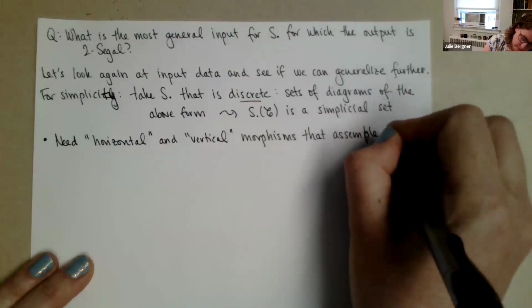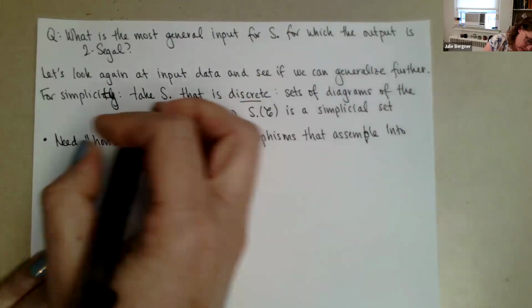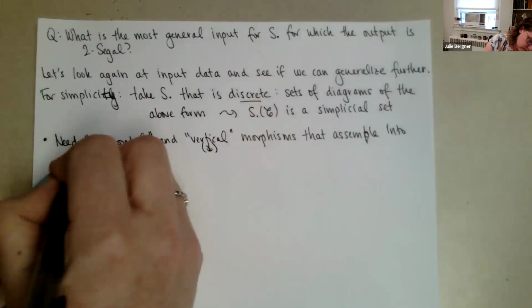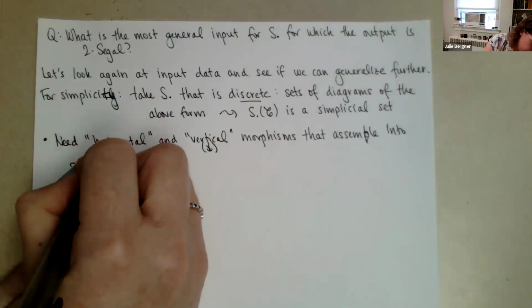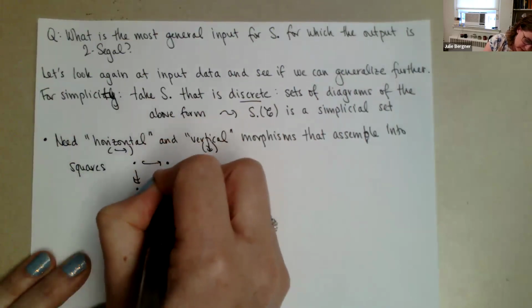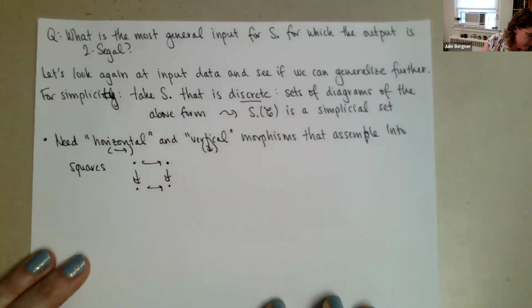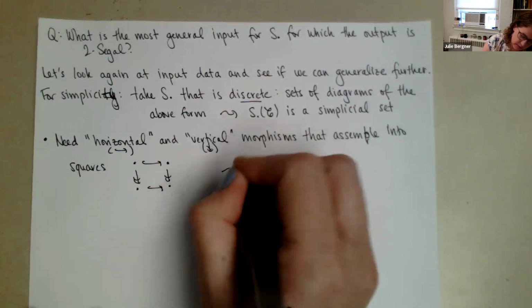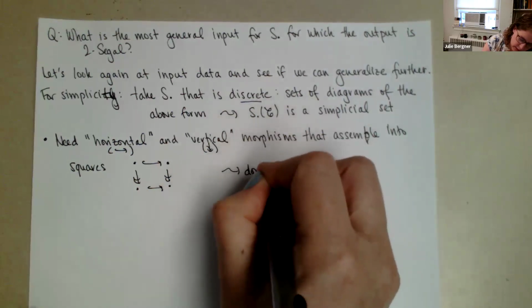I'm going to use these notations. So they assemble into squares where the horizontal morphisms are horizontal and the vertical morphisms are vertical. And this is something that you can do. This is what's called a double category.